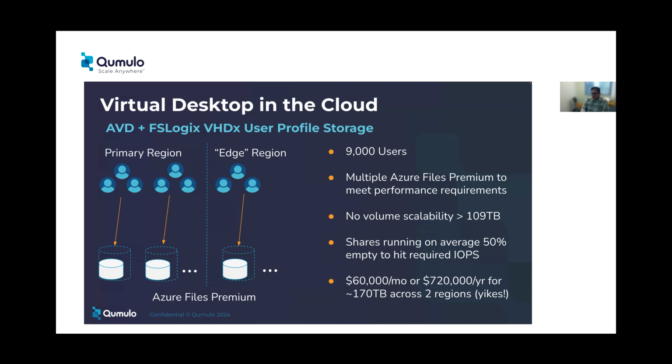Yeah, I think one of the things that is important to understand about Azure Files Premium is it does deliver pretty consistent performance, but it is a little bit opaque in the ability to understand when you do have performance issues, especially in an environment like this where you're using FSLogix.